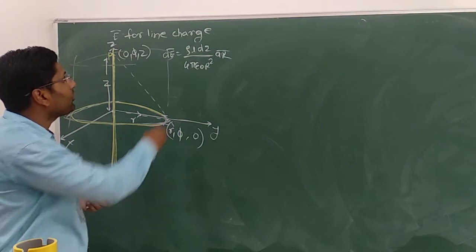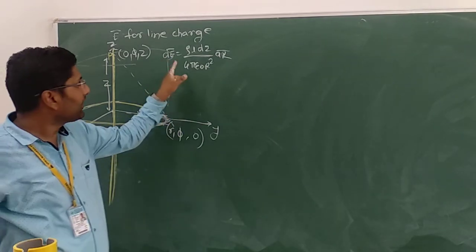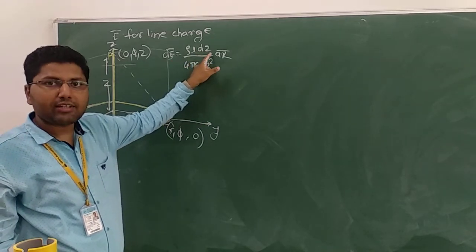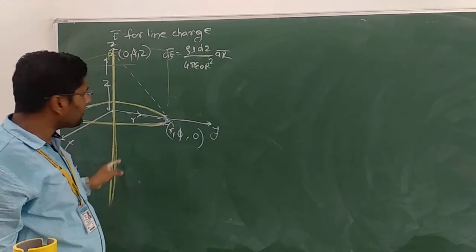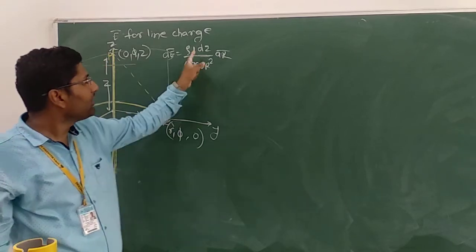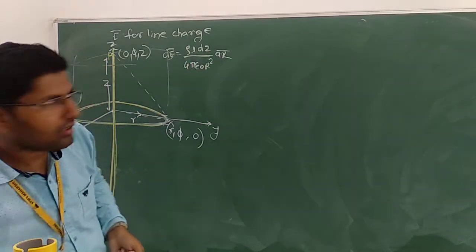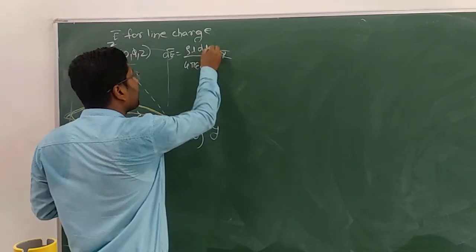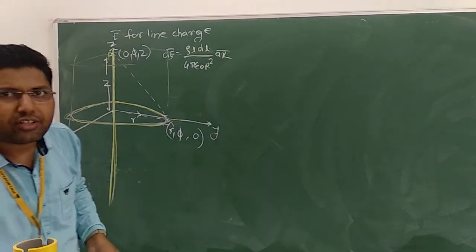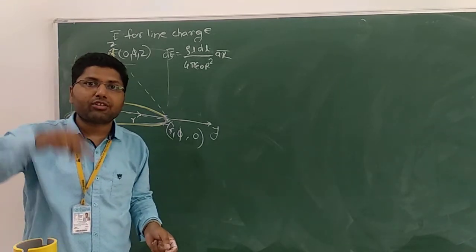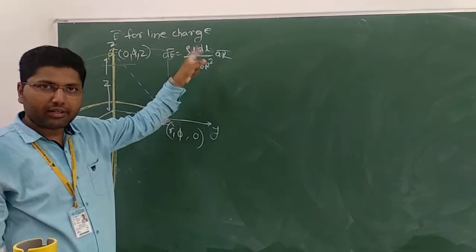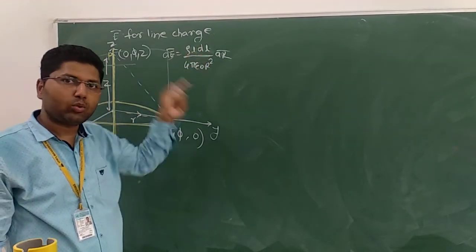That's why we have to consider a differential electric field intensity dE due to rho L dz. Why dz? Because it is along the z axis. Otherwise we can write rho L dl, where dl means any differential length where the charge configuration is available. In this case it is along the z coordinate, so I will convert that dl into dz.